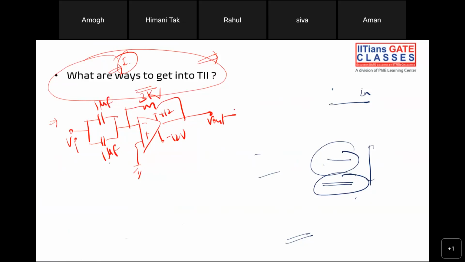What is the output if this kind of pulse is applied? At t equal to 0 there is 5 volt. So what is the output at t equal to 0 plus? This is also one very good question. Some pulse is applied, you can say 20 microsecond pulse, and 5 volt is the maximum value. So can anyone answer this question?